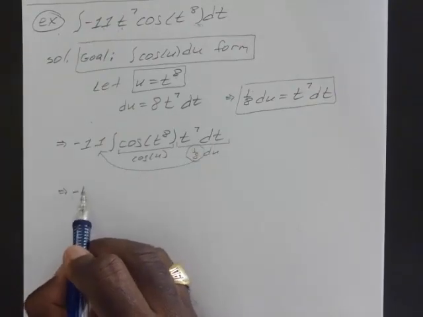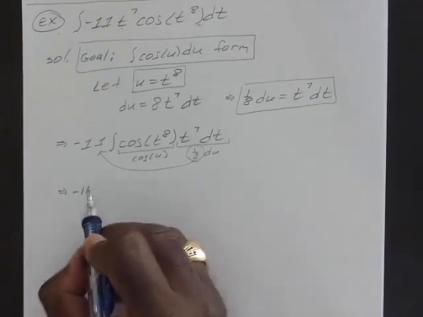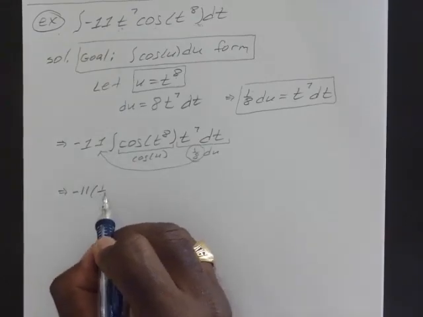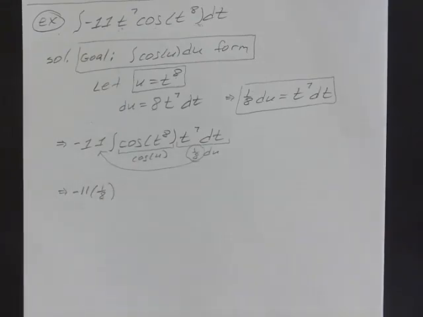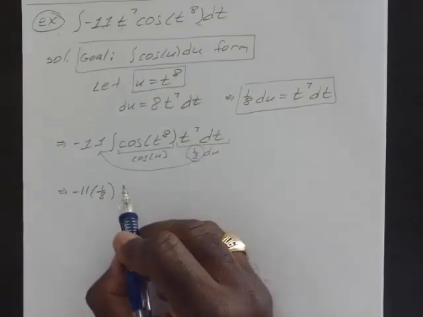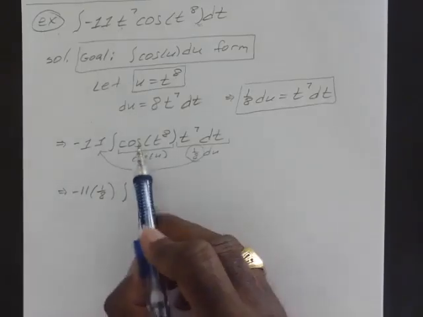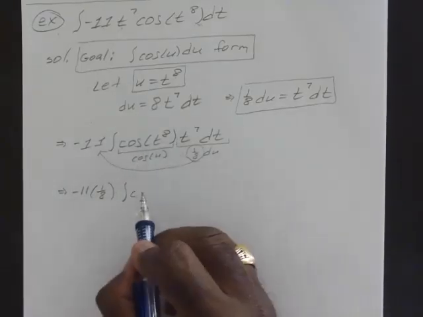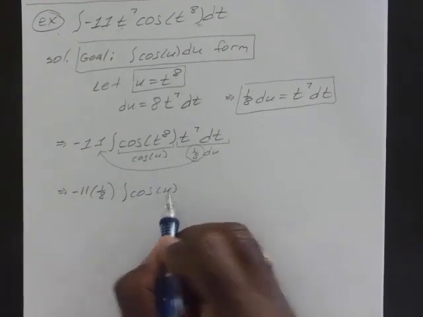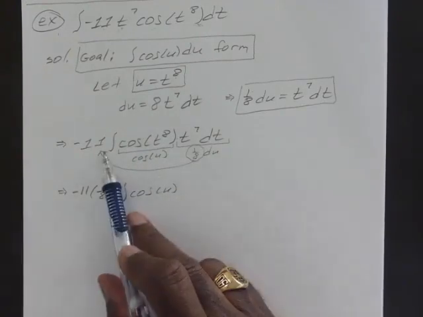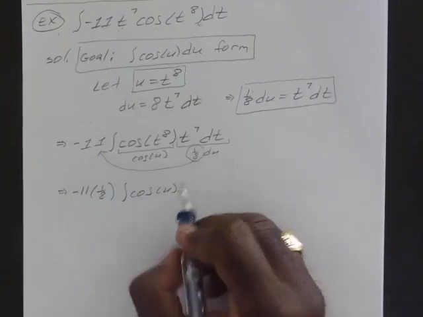So that becomes negative 11. You can put negative 11 over 8, but I'll just write it as negative 11 times 1 over 8 for this step, times the integral of cosine of u. And since we factored that 1 over 8, we're just left with the du.